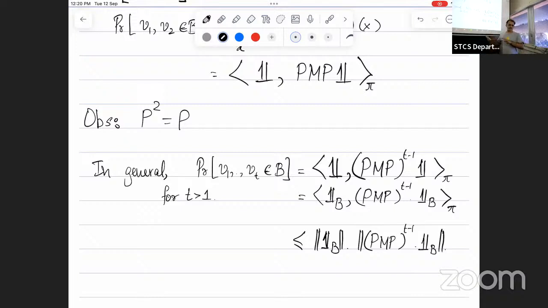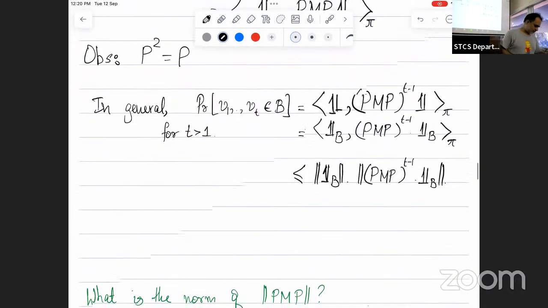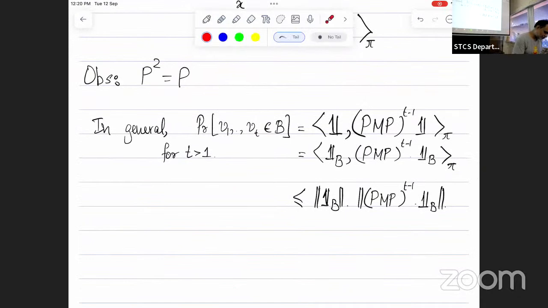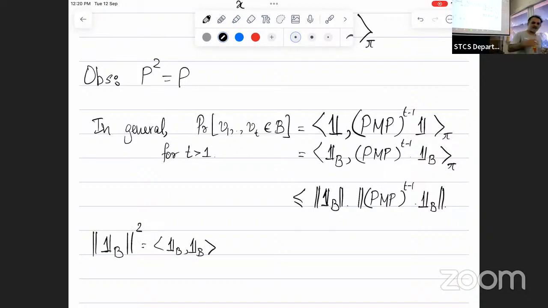So far so good. Now let's do the easy things first. What can I say about the norm of 1B? If I take the square, then this is the inner product of 1B with itself, and we have done this many times.